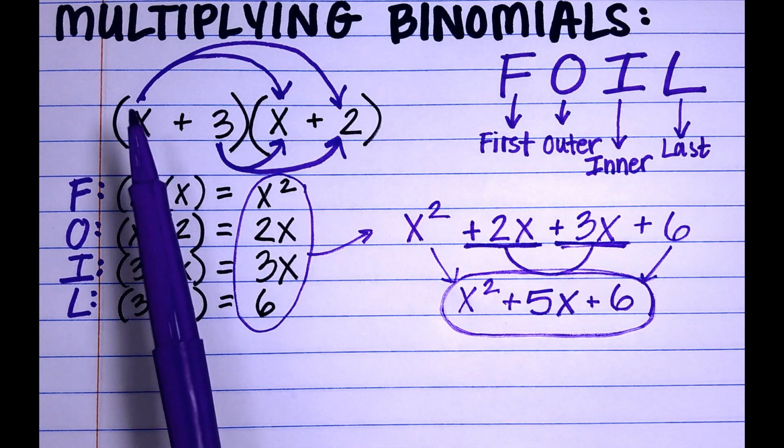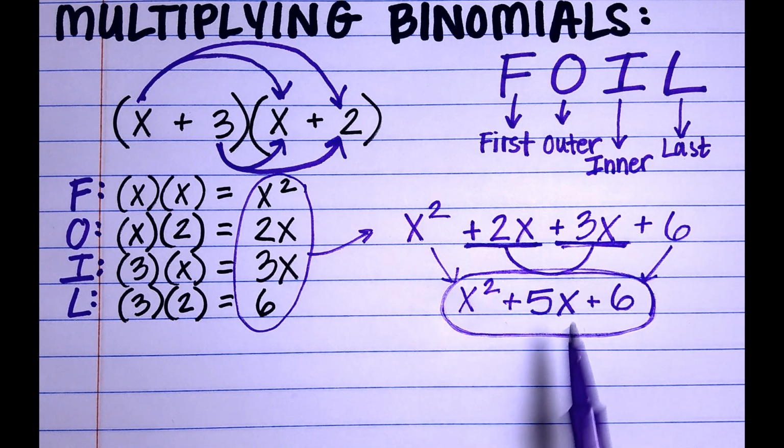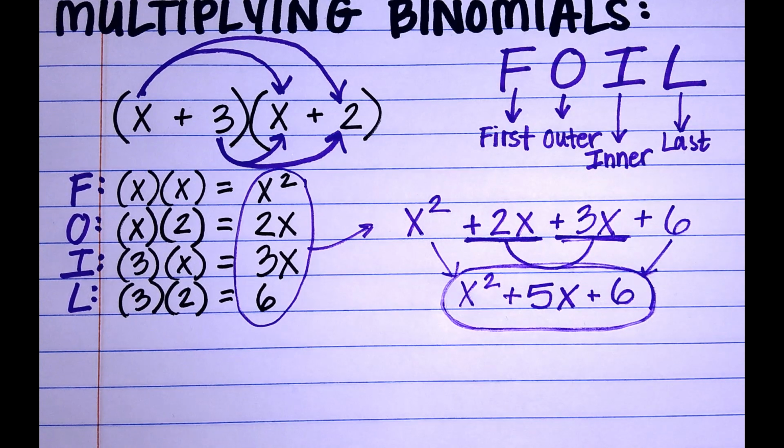So we went from 2 binomials, we multiplied them, and now we have a trinomial. Very fancy. You don't need to know that, but just a fancy word. Okay, so that's an example of how we multiply 2 different items that have 2 different terms.